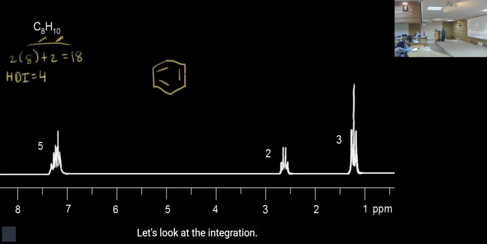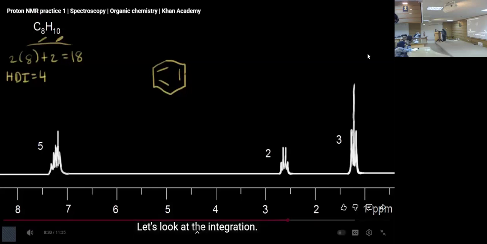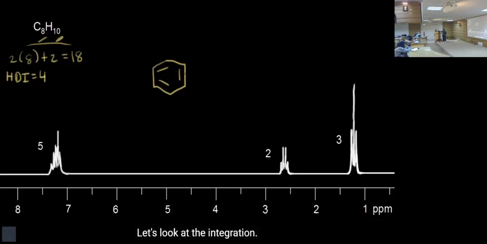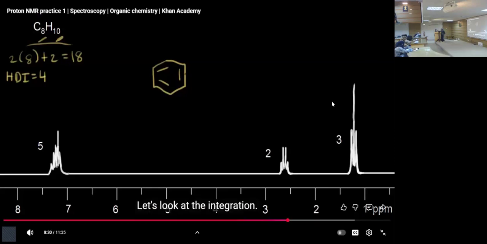Looking at this structure, we can already immediately tell the hydrogen deficiency. For example, this is an aromatic ring with 3 double bonds, so 3 plus 1 for the ring. Whenever there is a ring, you need to add 1. So you do not need to calculate with the formula all the time. You can just look at the structure.